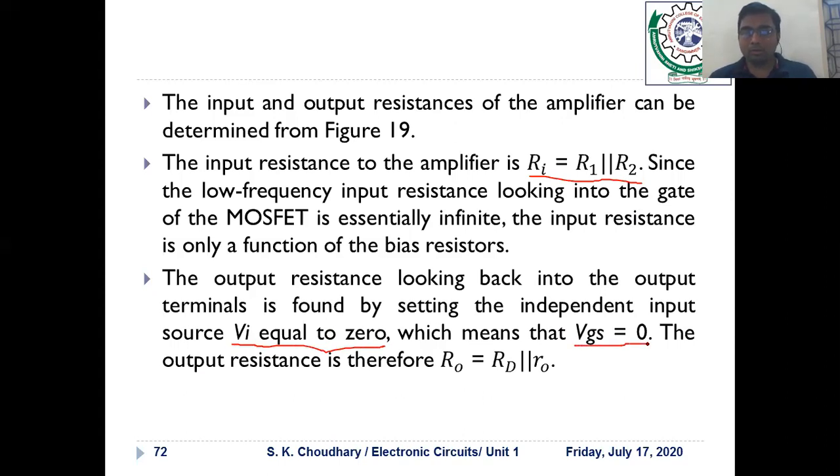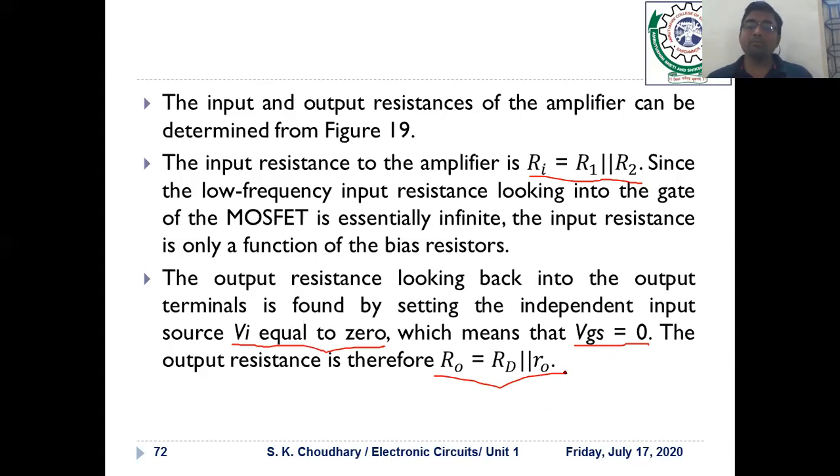Now only the output part of the circuitry would remain, because the input side becomes 0 because VGS is 0. So here R0 would be equal to RD parallel r0, where small r0 is the finite output resistance. Okay, so this is the way to calculate the parameters Ri and R0.